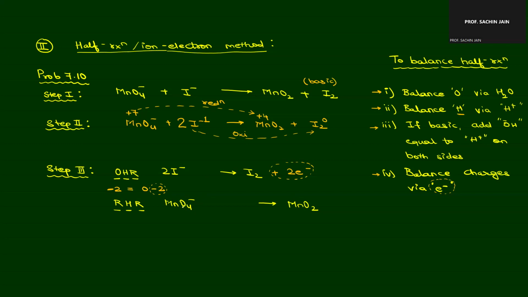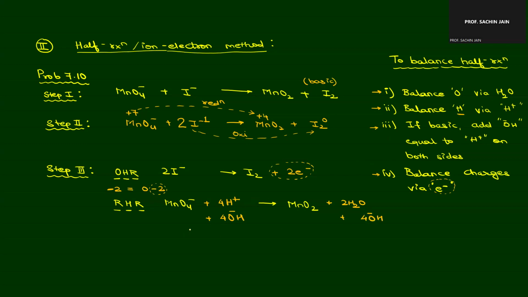First step, oxygen. Now here 4 oxygen and on the right 2 oxygen. So oxygen ka kami hai on the right. So I will add 2H2O on the right, balancing oxygen via H2O. Then hydrogen, nothing on the left, but 4 on the right. So I need to balance the hydrogen by adding 4H plus to the left. Then the third step is simply whatever number of H plus you add, add OH minus equal to that on both the sides.